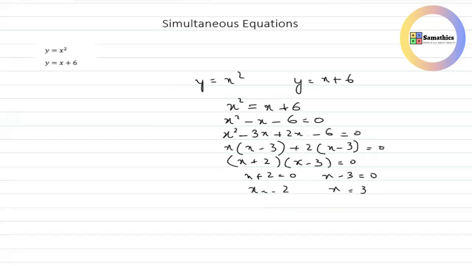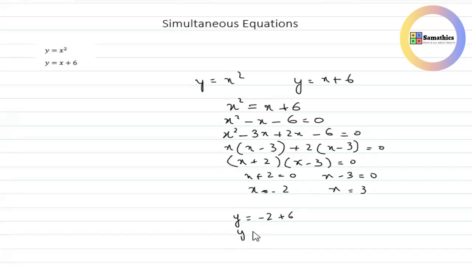Now, once you have taken out the values of x, you have to find the value of the other variable, because whenever you solve simultaneous equations, you get the values of two variables, x and y. So now we will substitute. Y is equal to minus 2 plus 6, and it's better if you do the working below the value of x.